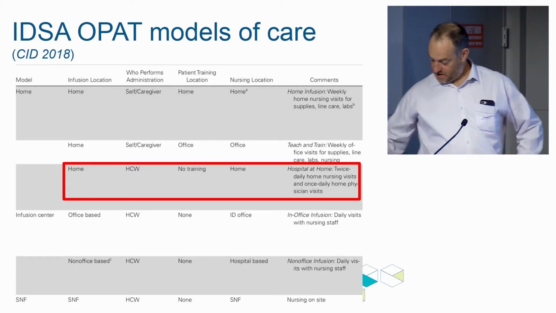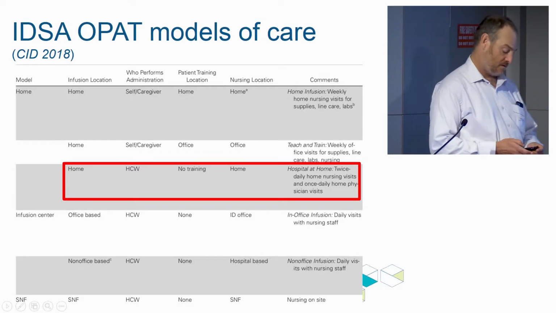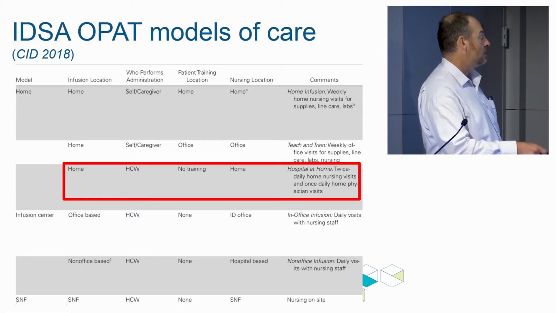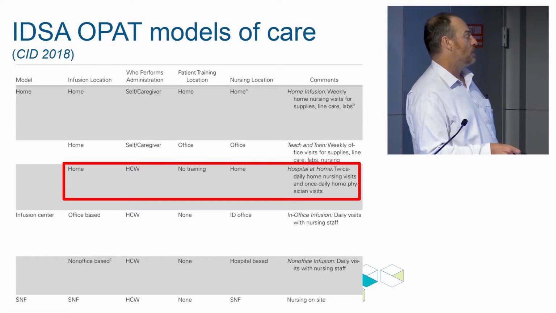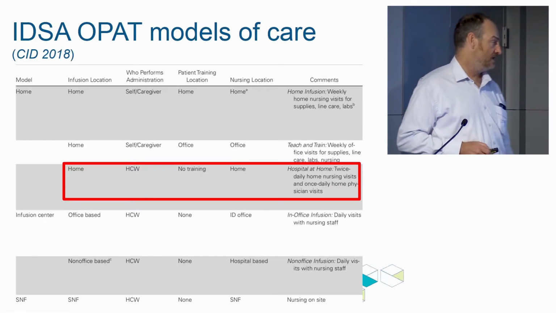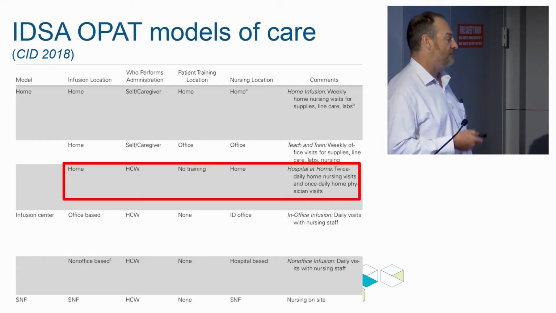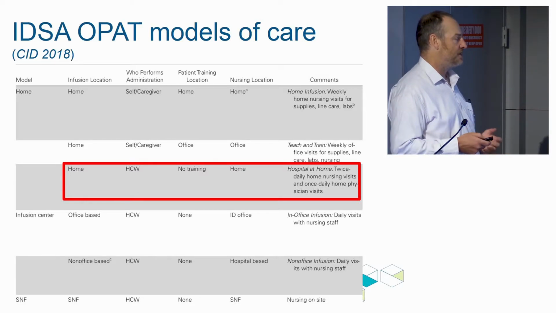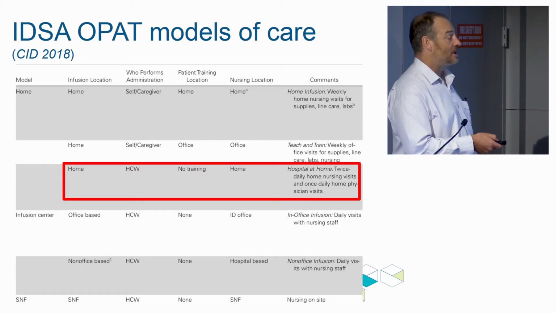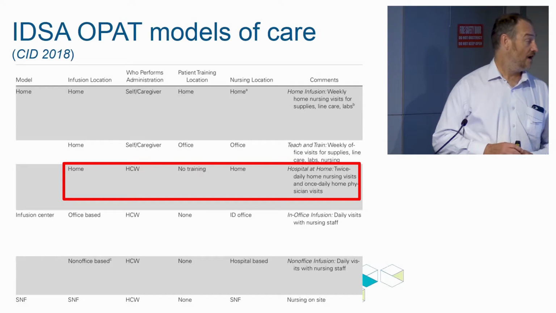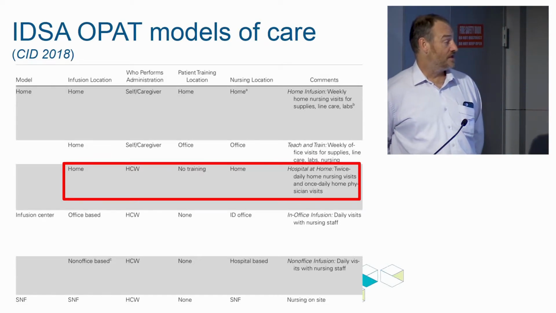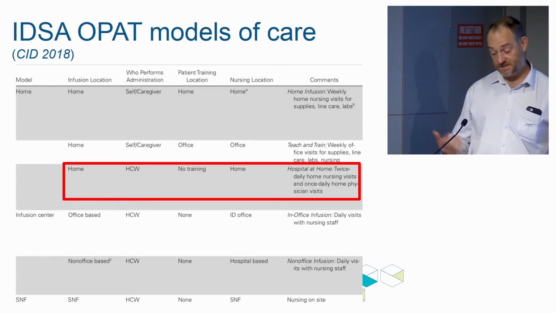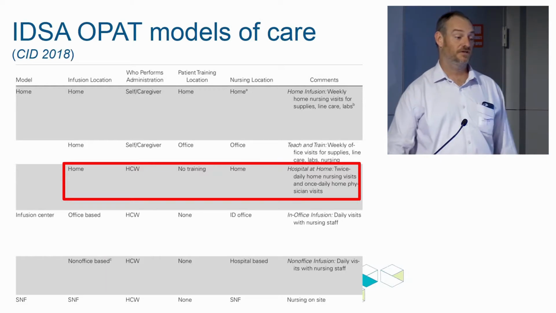So this is the main model here in Australia, but with the proviso that there's self-administration. Some people go once or twice daily. We primarily in our state provide a once daily service, rather than twice daily, and that's usually purely for cost and resourcing.